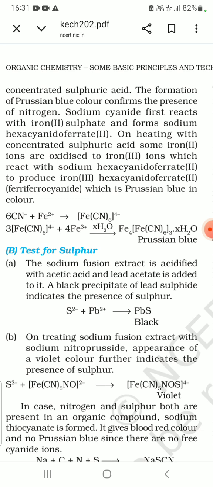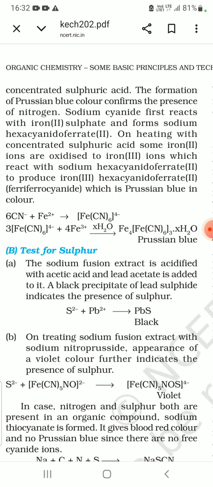On heating with sulfuric acid, some iron is oxidized to iron(III) ions, which react with sodium hexacyanoferrate(II) to produce iron(III) hexacyanoferrate(II), the ferriferrocyanide. Remember the Prussian blue complex is Fe4[Fe(CN)6]3.xH2O, and its color is Prussian blue, which detects the presence of nitrogen.